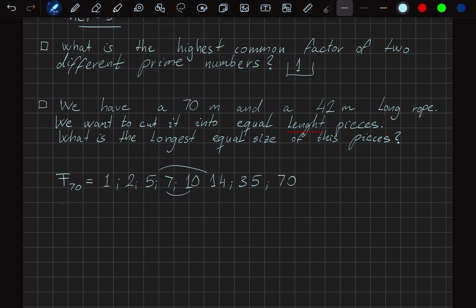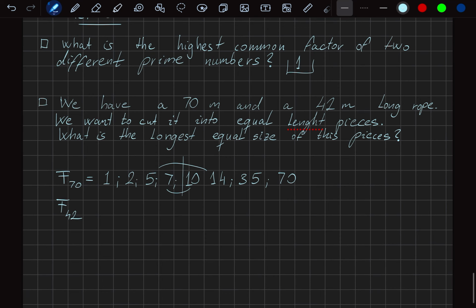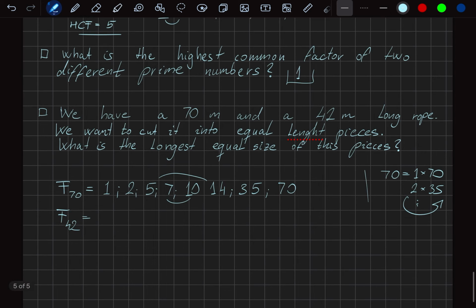And the factors of 42, again, I just leave the border, so I just made the pairs in my head. If you need, write it down, use the calculator, but you can use the other method, when you write 70 equals 1 times 70, 2 times 35, and just go the anti-clockwise way. You just copy the numbers.